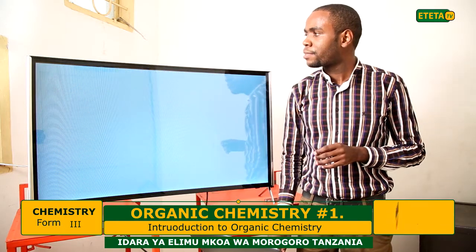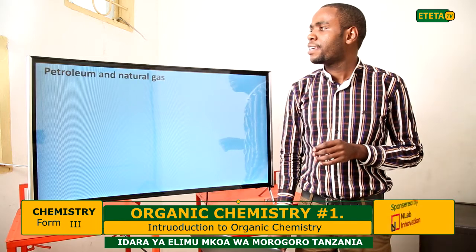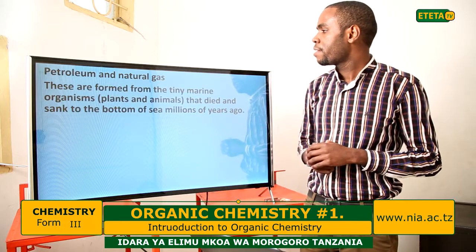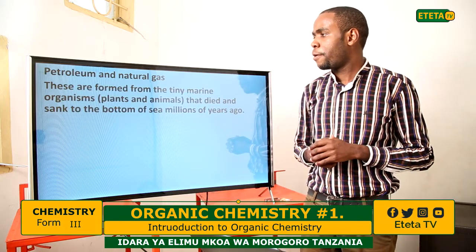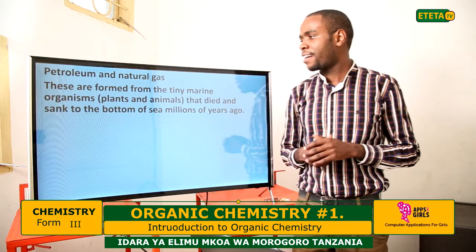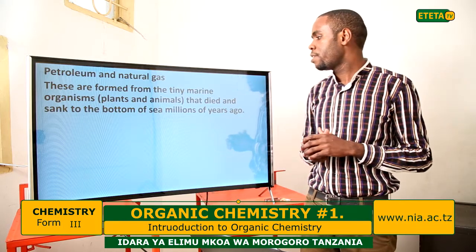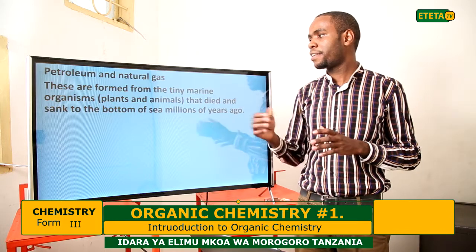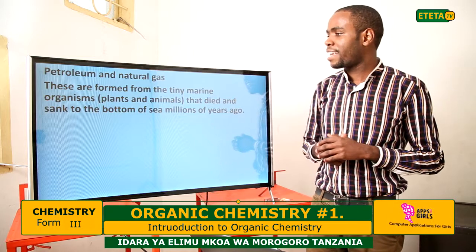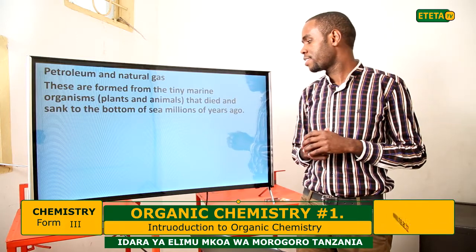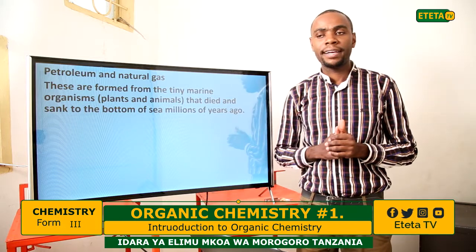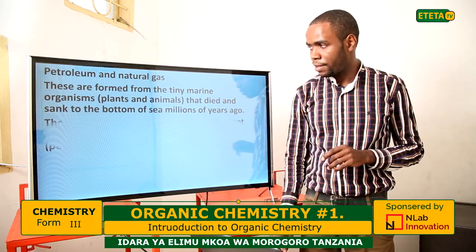Now after that, the second is petroleum and natural gas. These are formed from tiny marine organisms, plants and animals, that died and sank at the bottom of the sea millions of years ago.